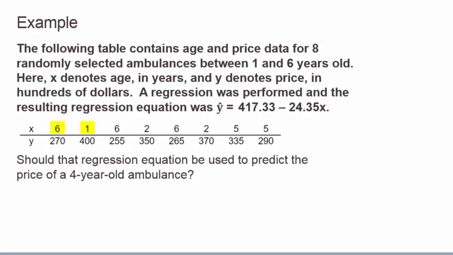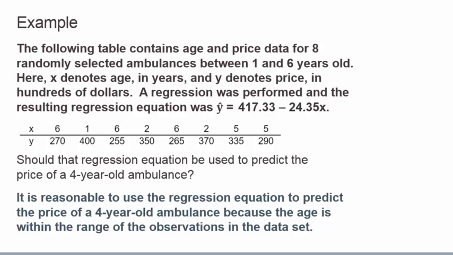Since 4 falls between 1 and 6, since our data point of 4 falls within our actual data set, we can use our regression equation. It is reasonable to use the regression equation to predict the price of a 4-year-old ambulance because the age is within the range of the observations in the data set.